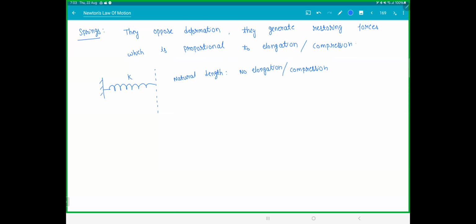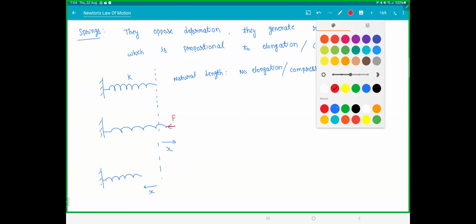Now see what happens. If you try to pull the spring, this is the elongation. The spring will pull you back. If you compress the spring, X will be this way, the displacement, and the force will be forward.